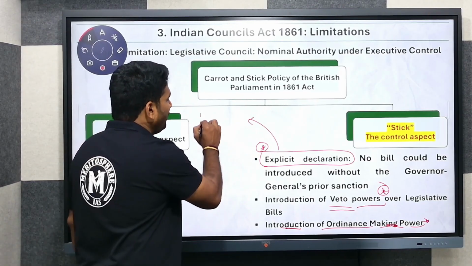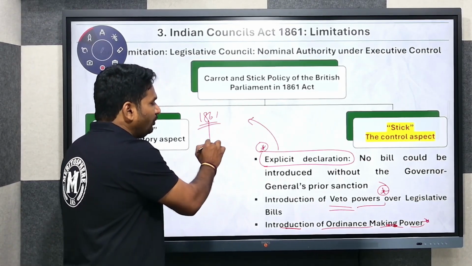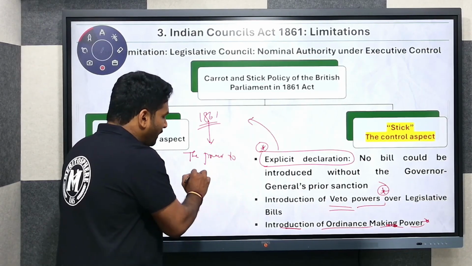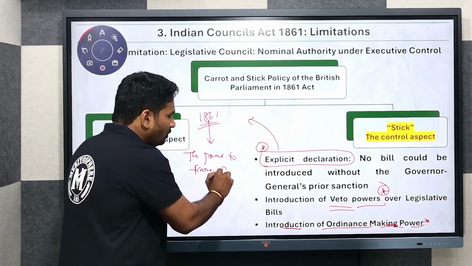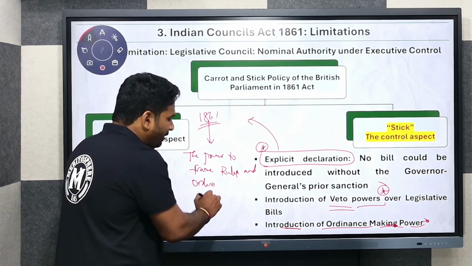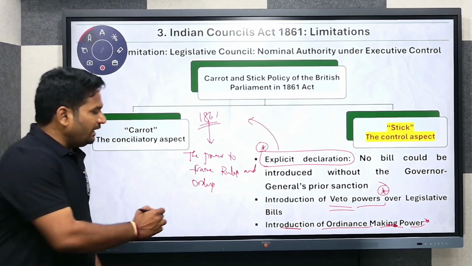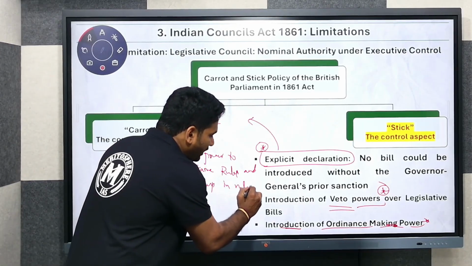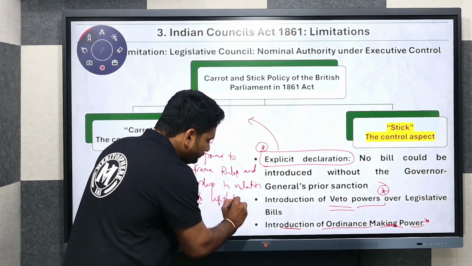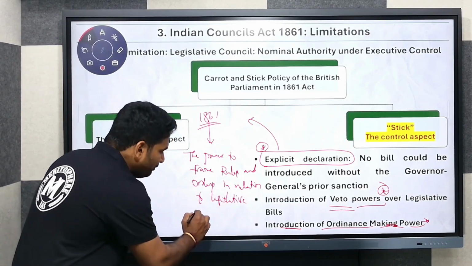Also, the 1861 Act under the control measures included the power to frame rules and orders, the power to make rules and orders in relation to legislative business.